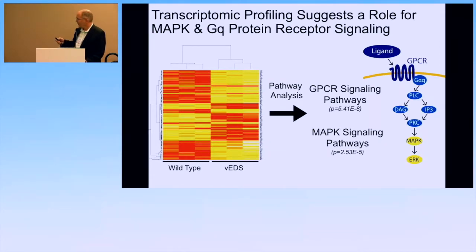Caitlin went on to do expression profiling of the aorta of vascular EDS mice and compared that to normal mice. So here we're looking at the expression of 20,000 genes. And when you look at the ones that show higher or lower expression in vascular EDS compared to control mice, the two themes were something called GPCR or G protein coupled receptor signaling pathways and our old friend MAP kinase signaling pathways, very prominently collapsing on the ERK signaling cascade.